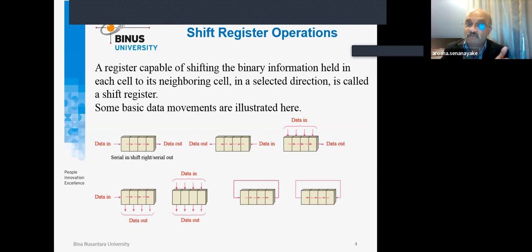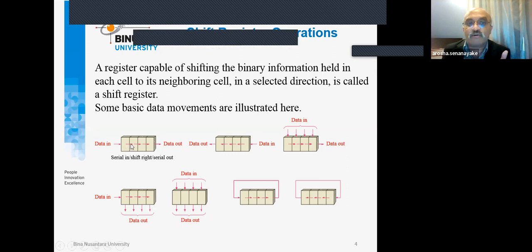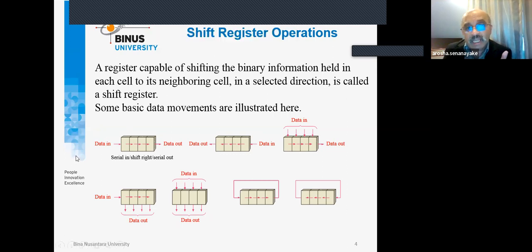And then if we use shift right, as indicated by the arrow, it will move to the second box, the second flip-flop. And then if the second bit coming in through the cable is 0, it will be stored in the first box, and the second box is 1.